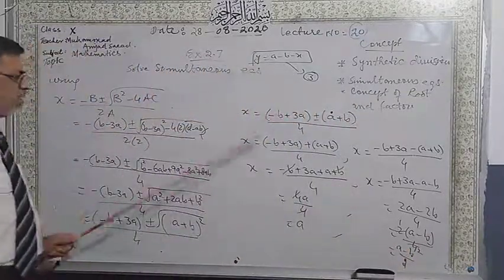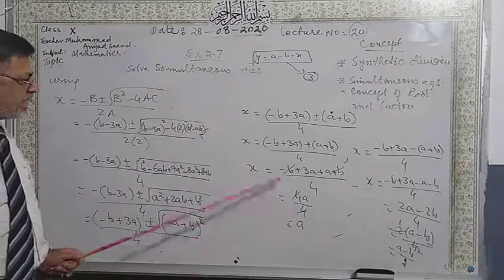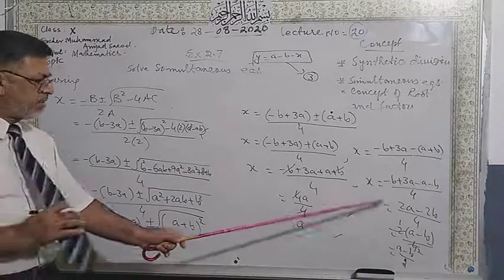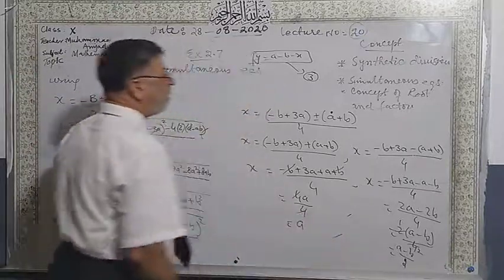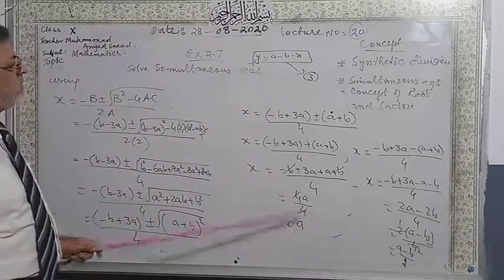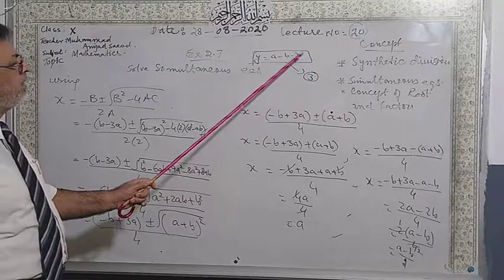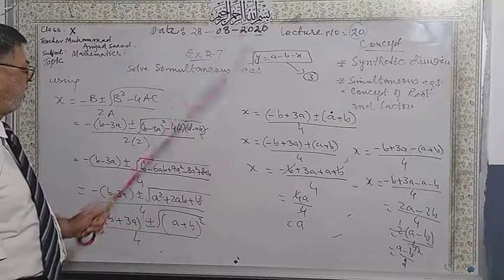Dear students, we got two values of x: x is equal to a and x is equal to a minus b over 2. Now one by one we will apply these x values here in equation number 3 to find the value of y.